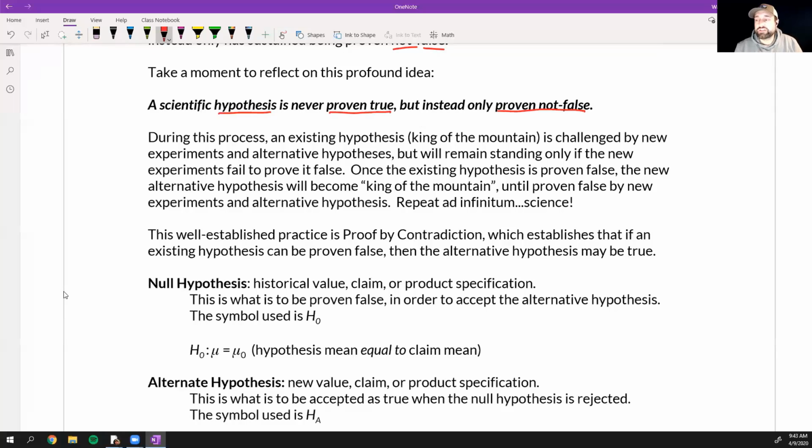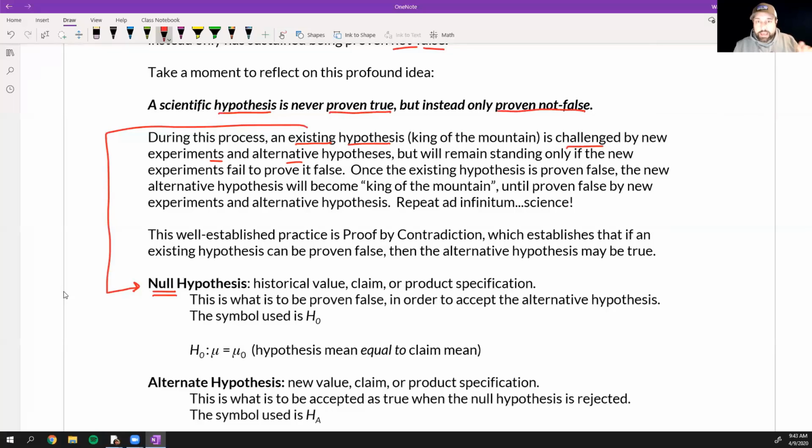So an existing hypothesis, this is also called the null hypothesis. That's an existing hypothesis, an existing theory, and that is king of the mountain. So this king of the mountain, this existing hypothesis, is constantly challenged by new experiments and alternative hypotheses, okay?